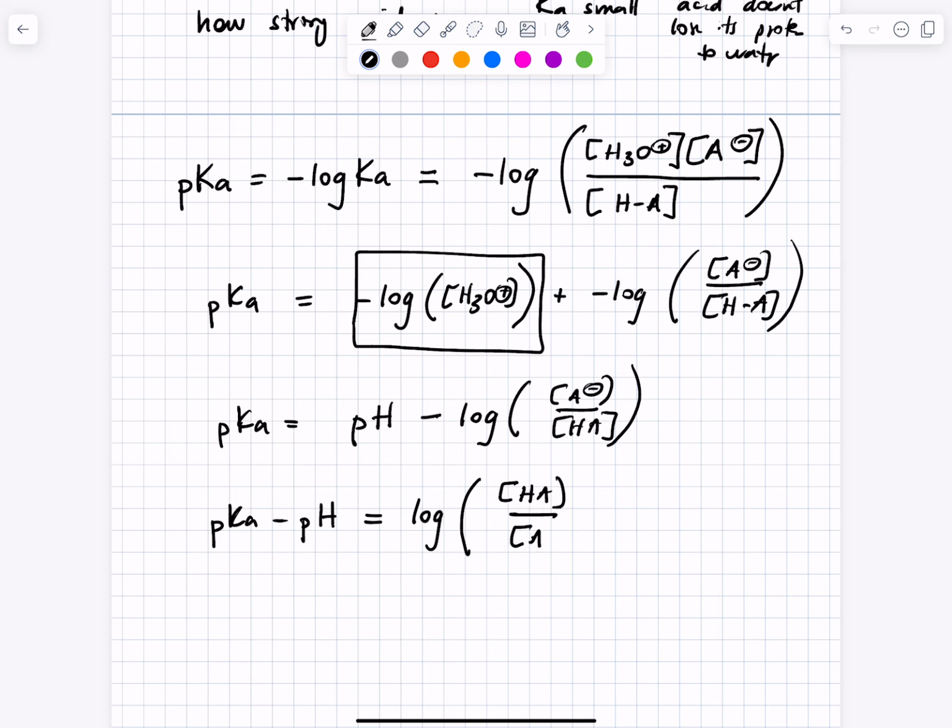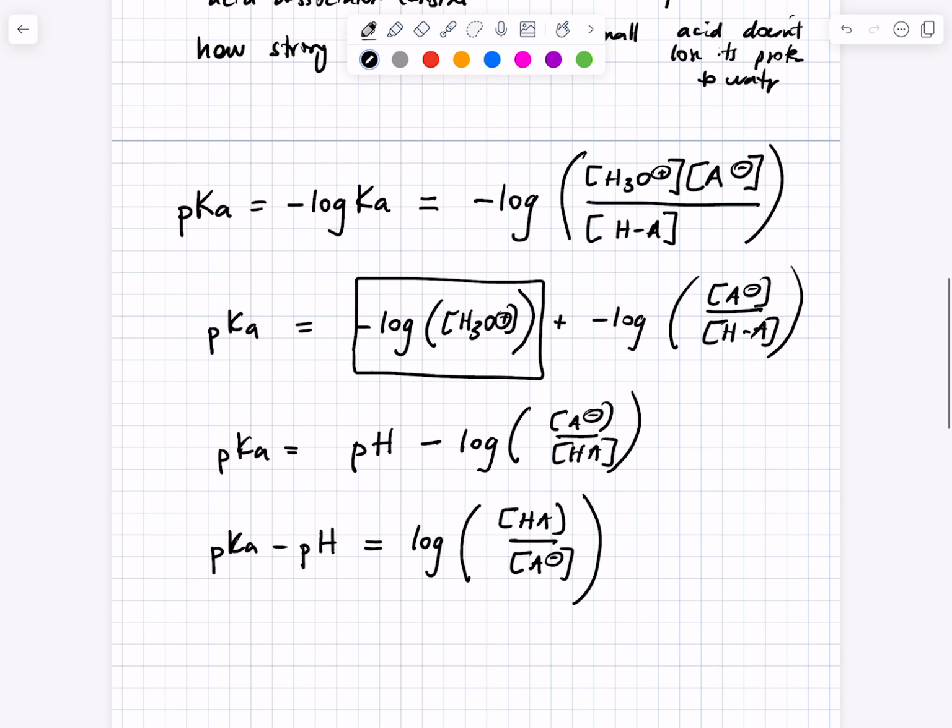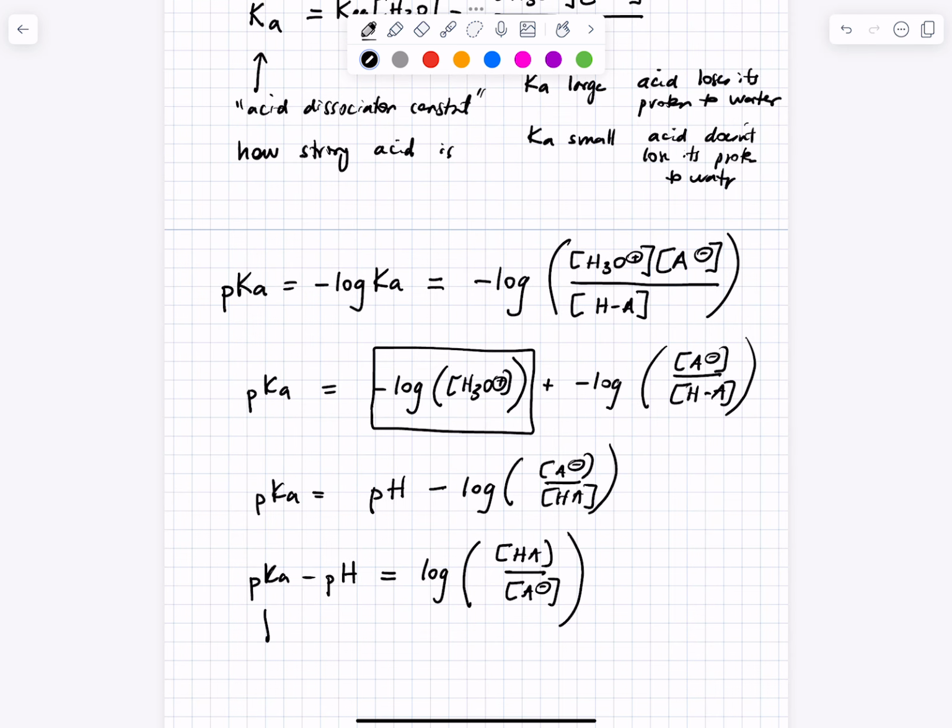So again, if you don't want to know the math, don't worry about it. You can accept what I'm telling you here on faith. But what this equation tells us is if we know the pKa of an acid and we compare it to the pH of a solution, we can figure out what the ratio is between the acid and its conjugate base form.